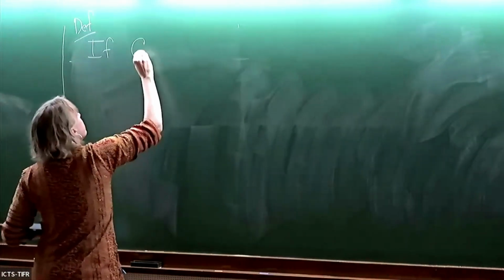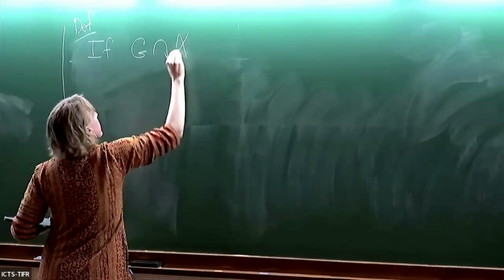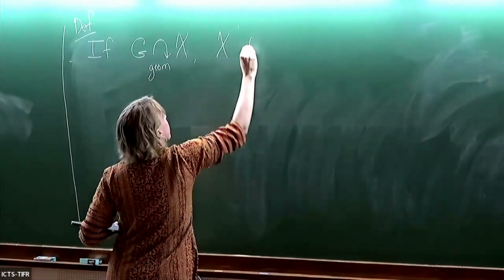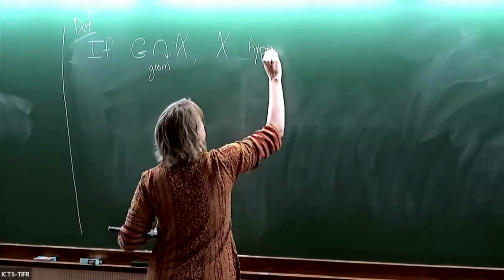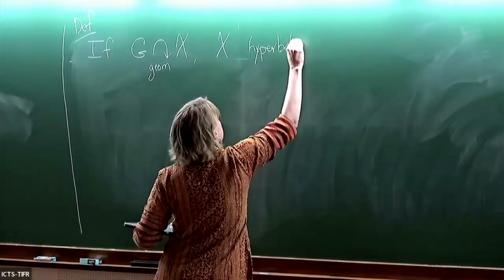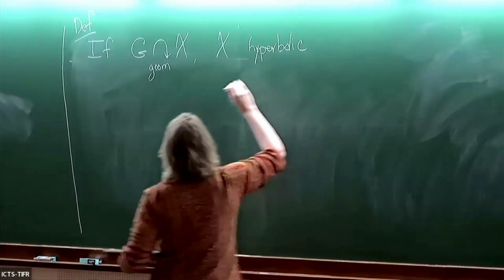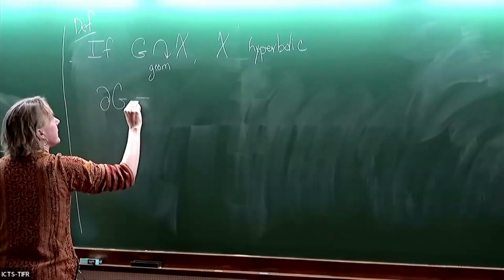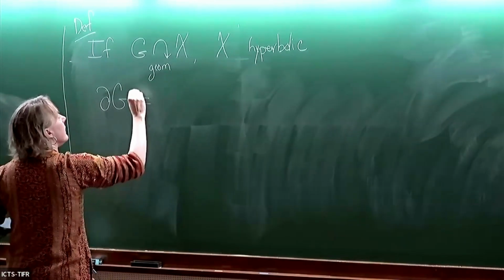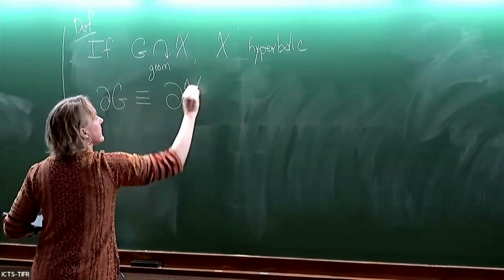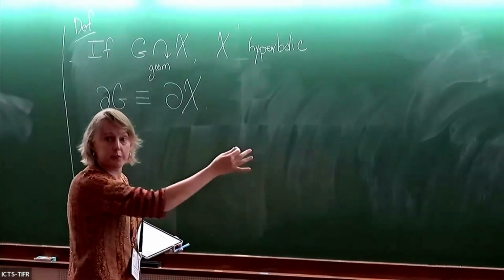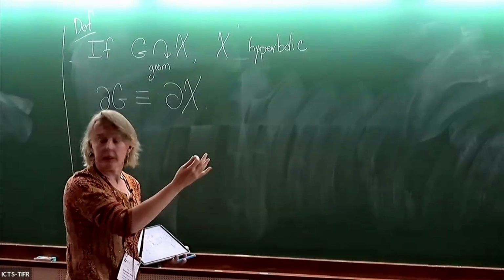Definition: if G acts geometrically on X, this is just for a hyperbolic metric space. You can define a lot of different types of boundaries that are really useful. X hyperbolic, then the boundary of G is defined to be the boundary of X. As I just erased, there are different spaces that a group can act on geometrically.